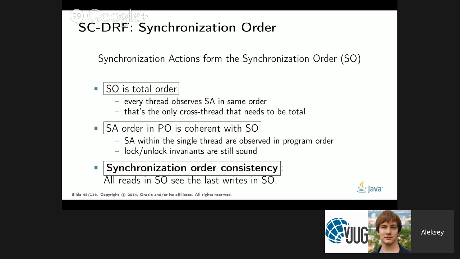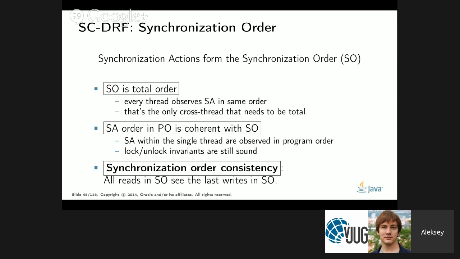This is a murky definition, but you will see this thing is actually really smart, because it says that the synchronization actions within a single thread are observed in program order, and synchronization actions are globally observed in the order of a particular single thread.